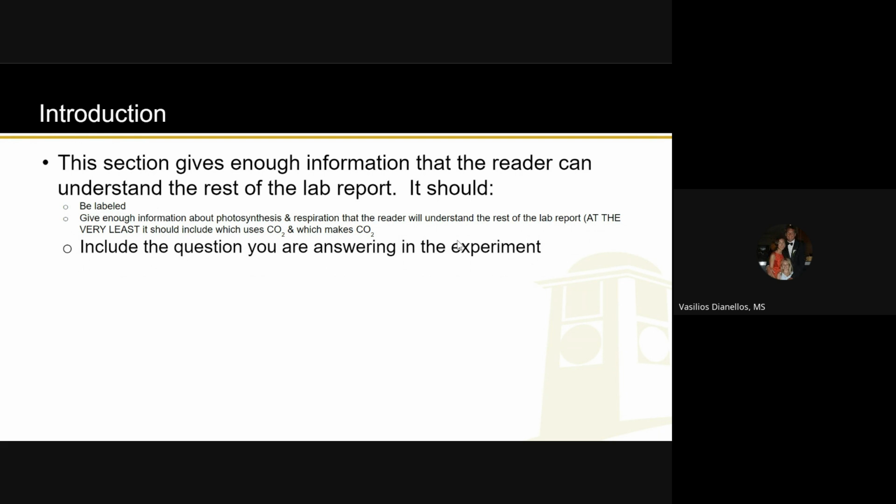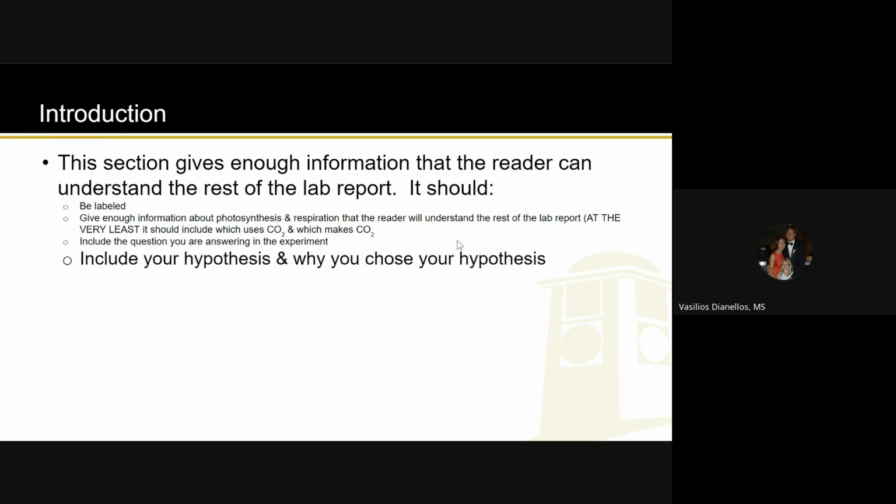If that was the experiment you did, that's what you would write. Now, for the first time in this lab report, you will also include your hypothesis and why you chose your hypothesis, right? So again, putting these 2 bullet points together, in this experiment, I wanted to see how light intensity affected the rate of photosynthesis.